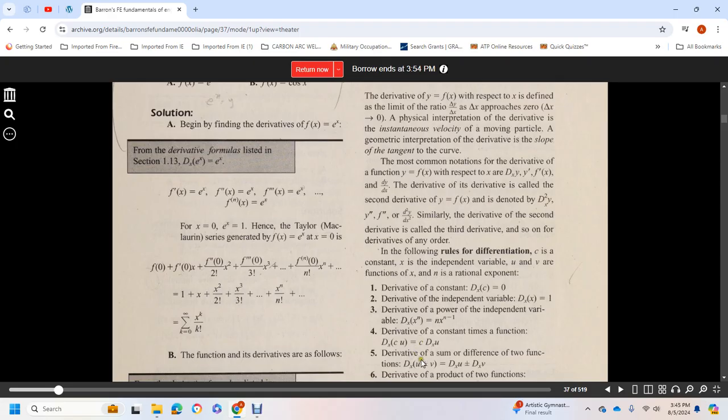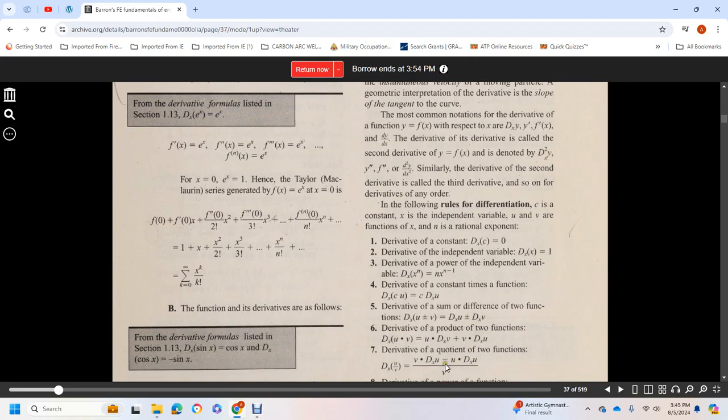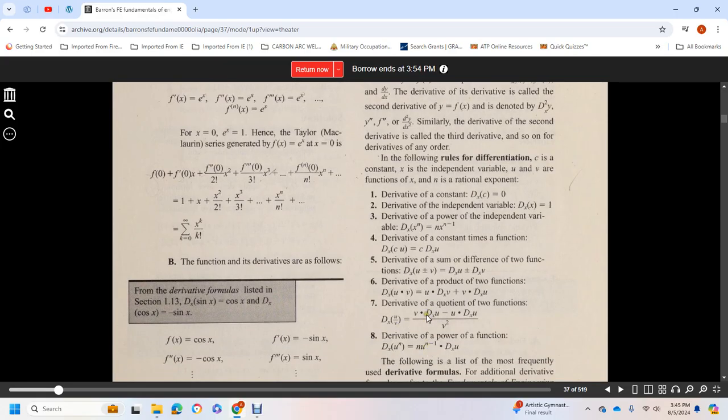The derivative of the sum or difference of functions u plus or minus v is d/dx of u plus or minus d/dx of v. The derivative of a product is d/dx of u times v equals u times d/dx of v plus v times d/dx of u. The derivative of a quotient of two functions is d/dx of u over v equals v times d/dx of u minus u times d/dx of v over v squared.